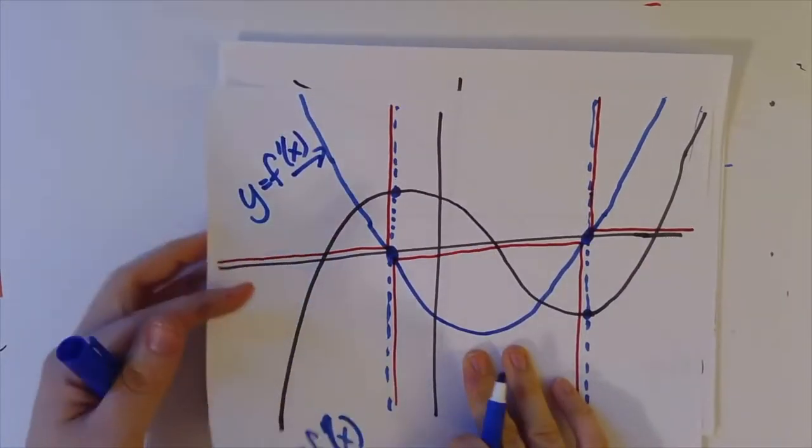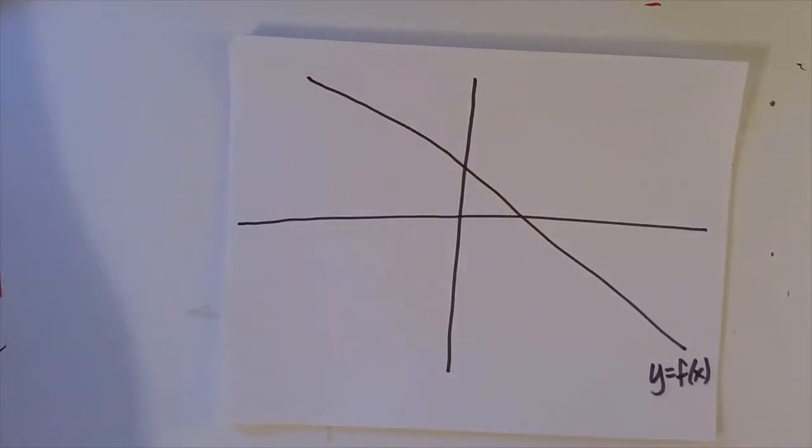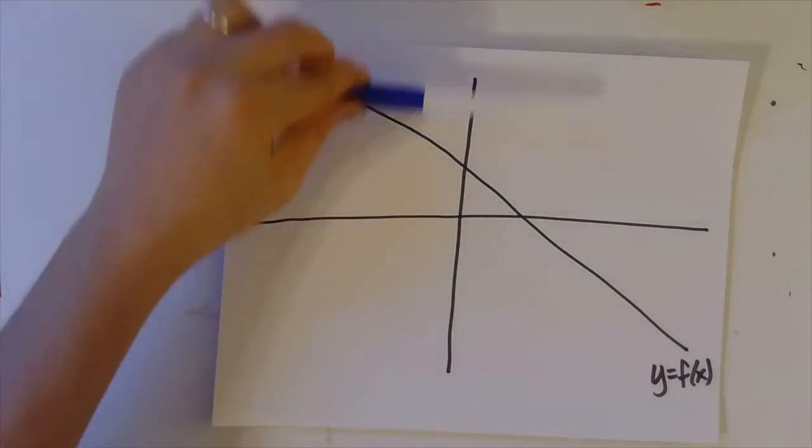Now I'm going to, instead of doing that, sketch the antiderivative. And when you're sketching an antiderivative, remember there's actually lots of antiderivatives. Those antiderivatives differ by a constant. And if you think about what that constant would do to the graph, it shifts the graph up and down.